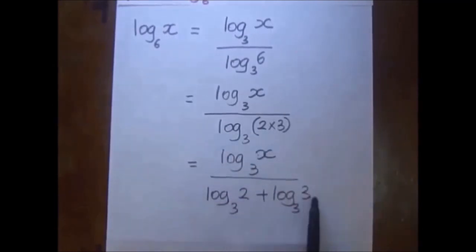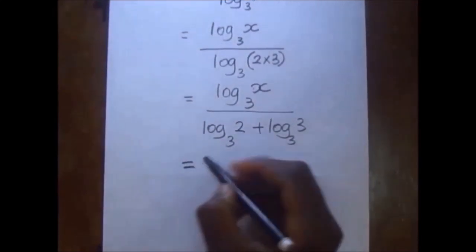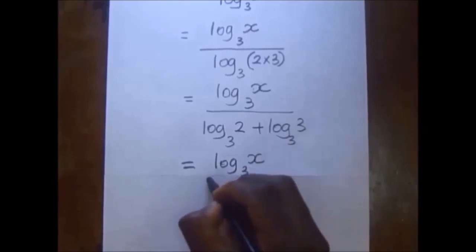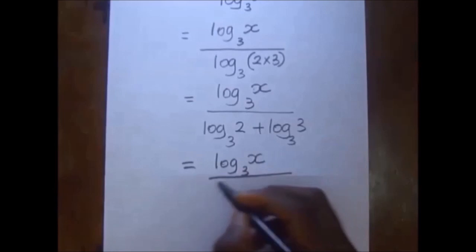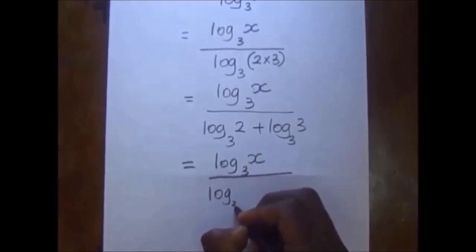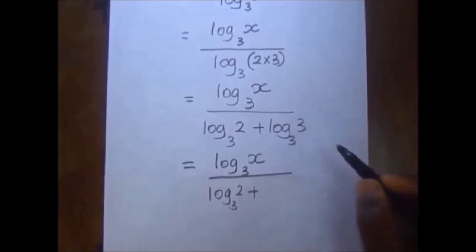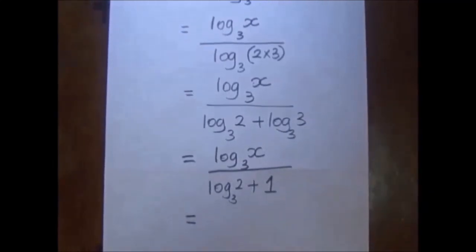We are getting this expansion from our laws of logarithms, so we shall end up with log of x base 3, divided by log of 2 base 3 plus log of 3 base 3, which is 1. So we have already proven the answer.